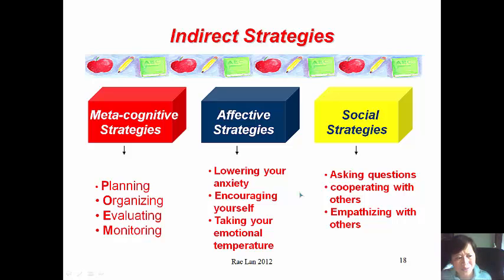It is important that we put ourselves in other people's shoes when it comes to learning a language. For example, thinking about why a word or a phrase is used specifically in a culture. So all these are very important.